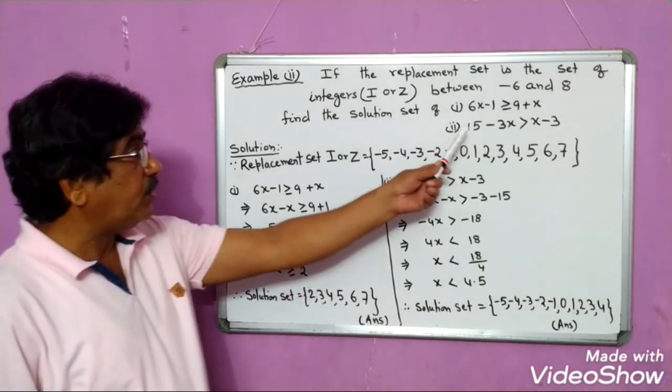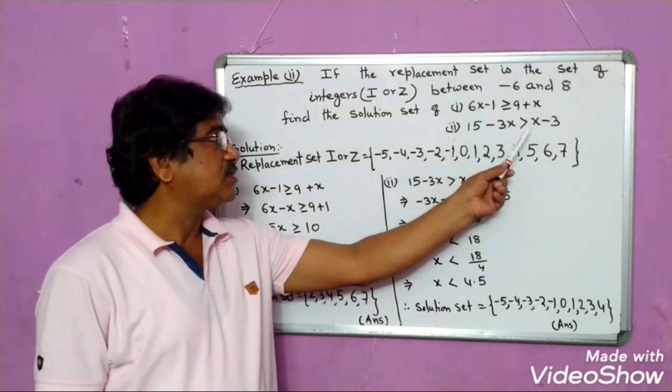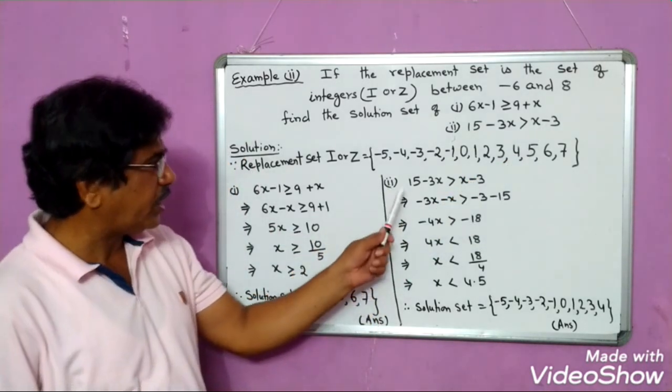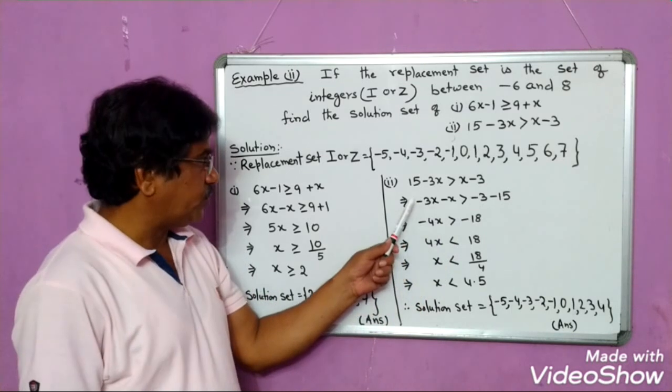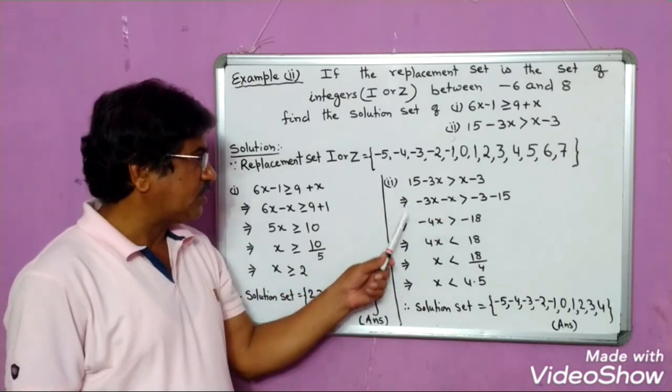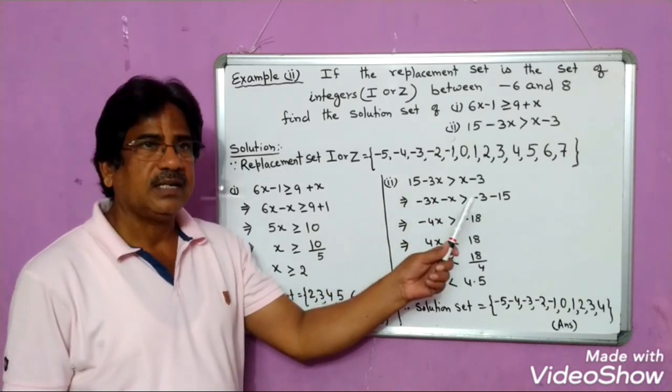Take the second example. 15 minus 3x is greater than x minus 3. Here again we will solve this equation. The same thing, we will bring all the x to one side and take the digits to the other side.